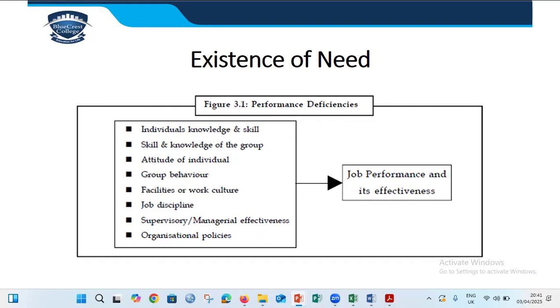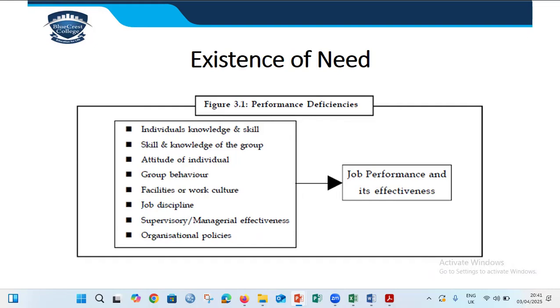All of these are going to affect the performance of employees. When this happens, it means that there is a gap or a need for training, and so you have to initiate the process, or start planning for training.